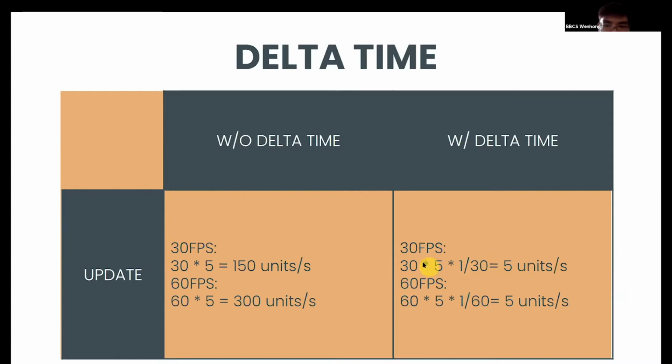That's why it cancels out with your frame rate, and then it gives you 5 units per second. It works the same with 60 FPS. We have 60 frames rendered in 1 second, then one frame is about 1 out of 60, and therefore it's 5 units. So essentially, this is what our delta time is.